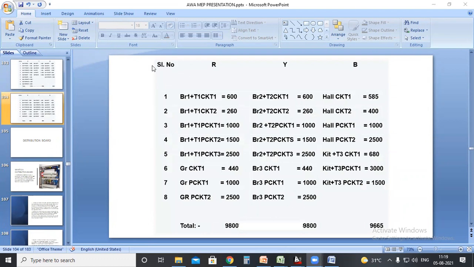Yes, TPN is fine, but I need the number of ways also. TPN is the correct answer, like 8 ways, 3-phase will serve. So you need to mention 8-way TPN. Then only the answer will be complete. Yes, correct. 8-way TPN is the correct answer.